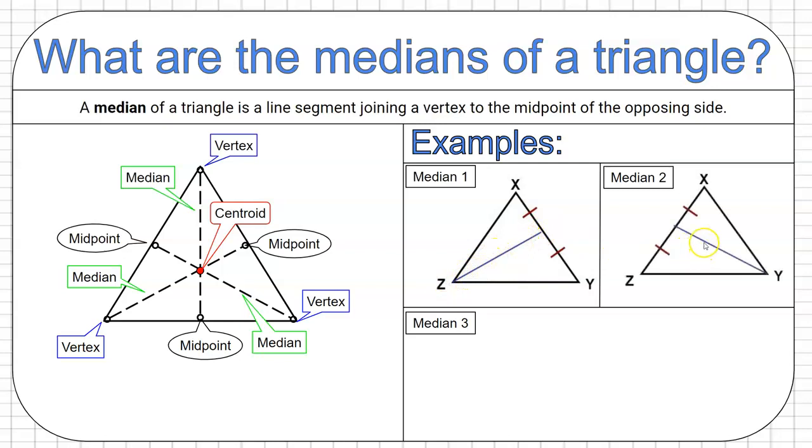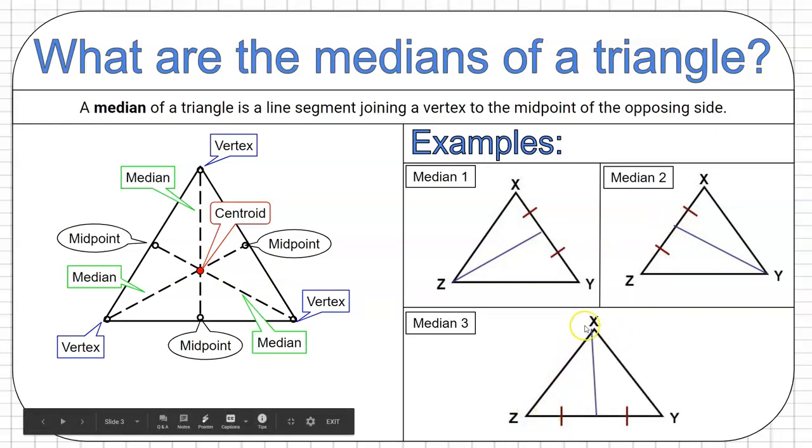And then over here, we have, again, triangle XYZ, and vertex Y, and the midpoint right here. And then again, on triangle XYZ, we have vertex X, which is connected to the midpoint right here.